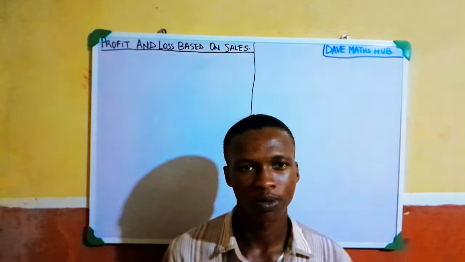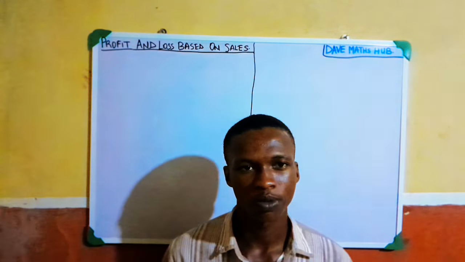Since we know that the cost of acquiring the item was 1,500 and it was sold for 1,800, first you analyze which is greater, the cost price or the selling price, using this formula to know whether you achieved a profit or a loss. Since the selling price is greater, that means we are attaining a profit.